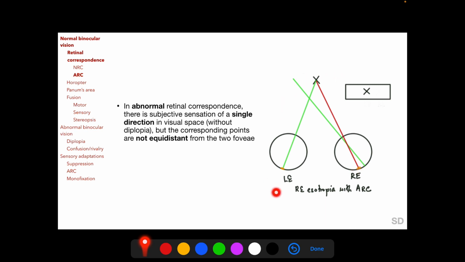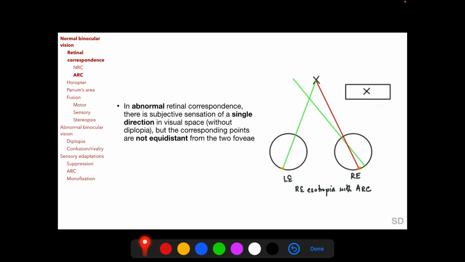In this diagram representing the situation in a patient with right eye esotropia but with anomalous retinal correspondence, the target of fixation projects to the fovea in the fixating left eye but to a non-foveal point in the deviated right eye.